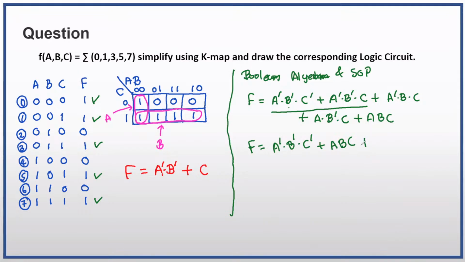Then I will get A dash BC. Why I get it here?